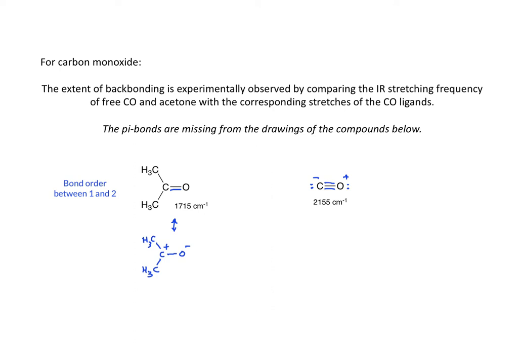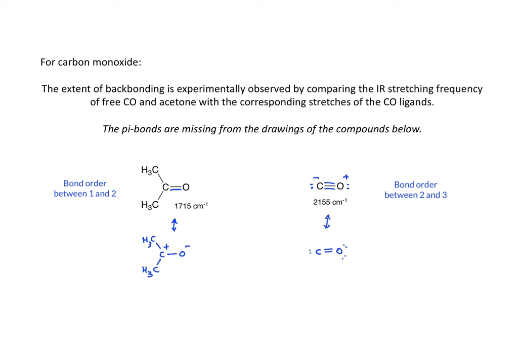So there is another resonance form which has no charge separation but does not fulfill the octet rule on carbon. Therefore, the bond order of carbon monoxide is less than 3, but greater than 2.